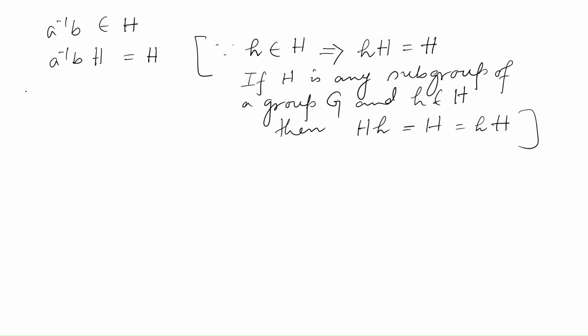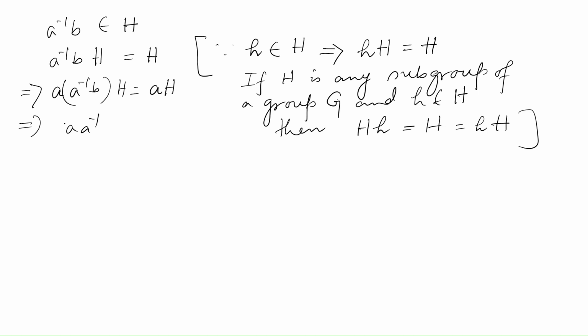Now here we can take a on the left hand side, a inverse b H, a H. a will be there on the left of H in the right hand side.